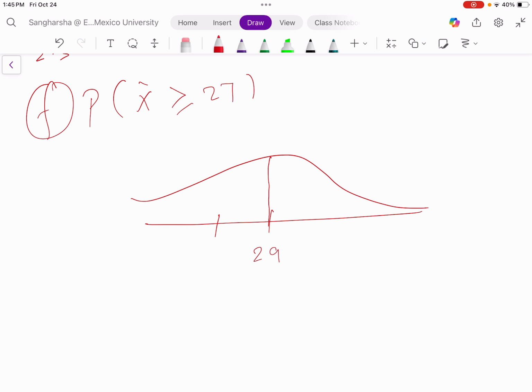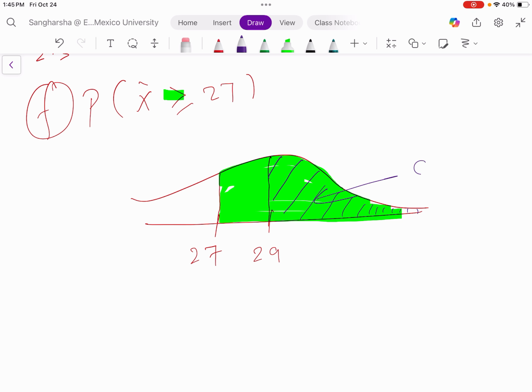Locate 27. 27 is here. So greater means we want to find everything on the right of 27. We already know the area of this part, 0.5. Now let's find the area of this part.